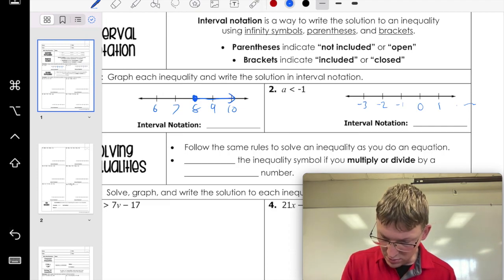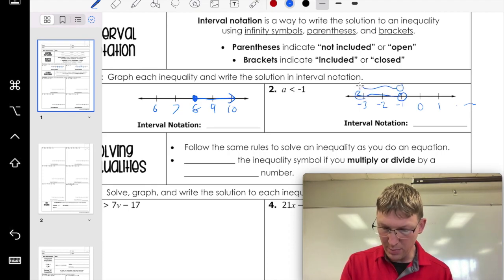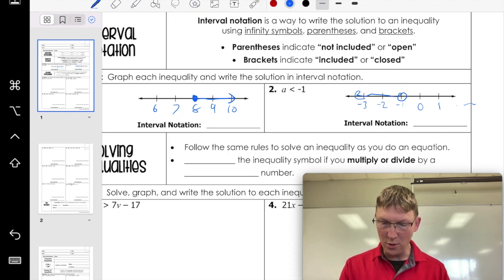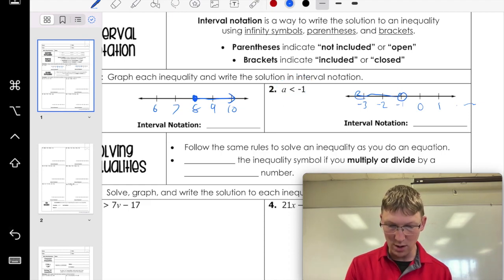So we would do an open circle and an arrow. You can also do it above the number line if you can see it better, that also works. But the important part is that this open circle means that it is every value that is less than -1, and it does not include -1.